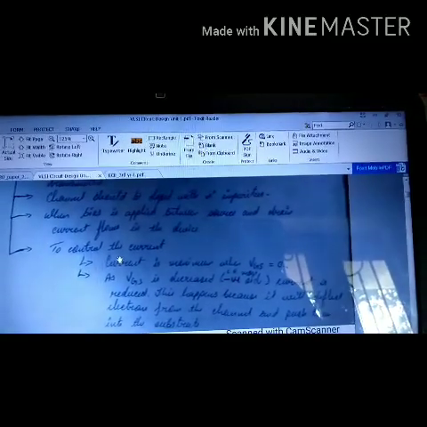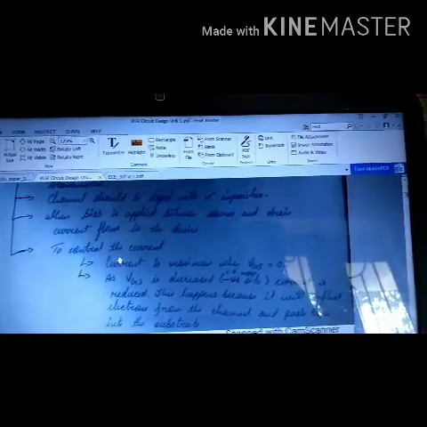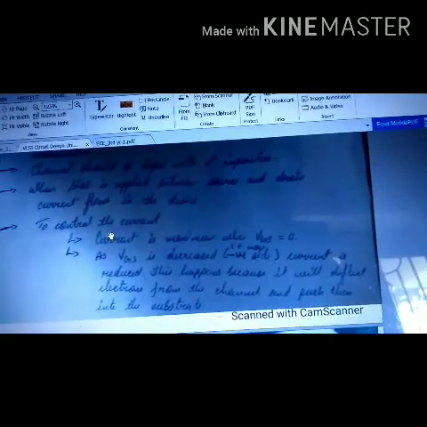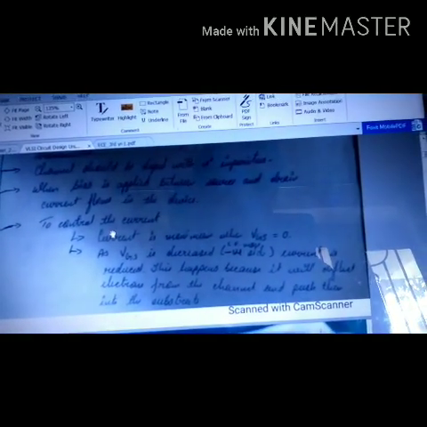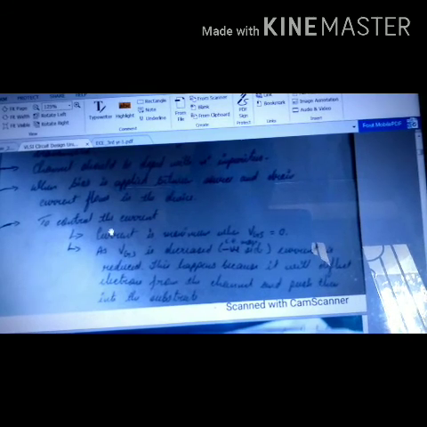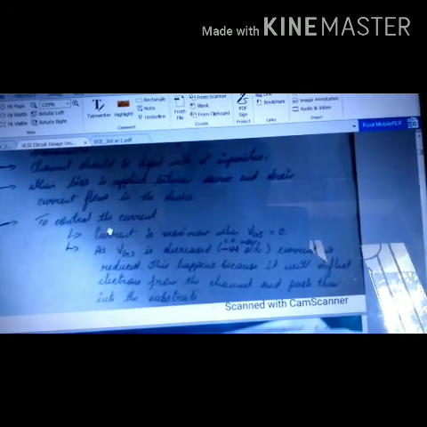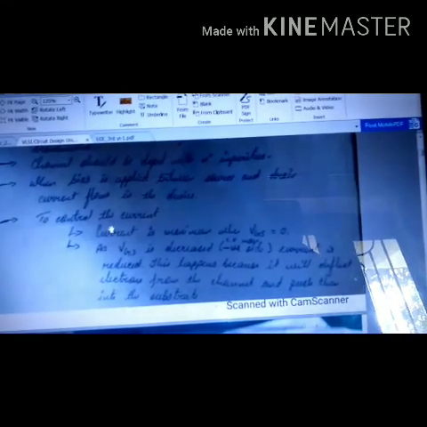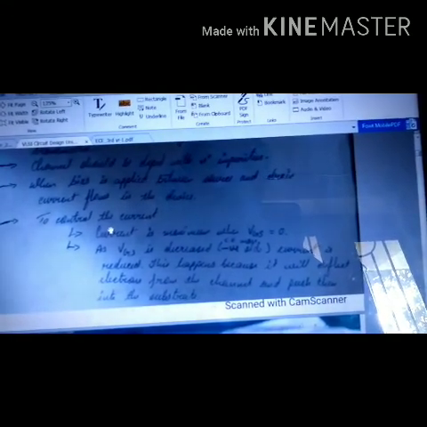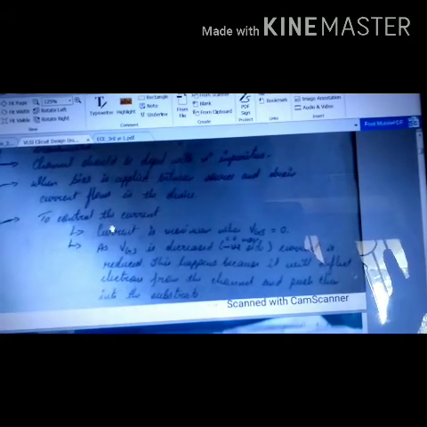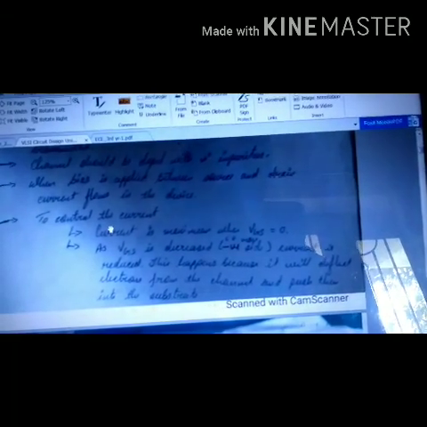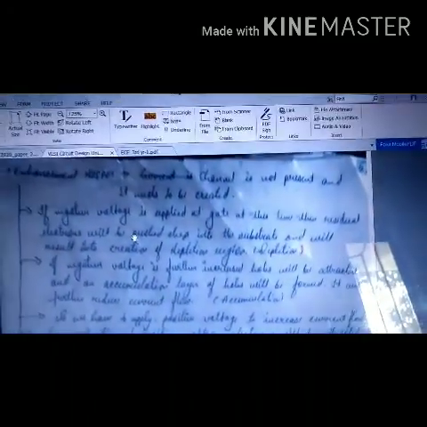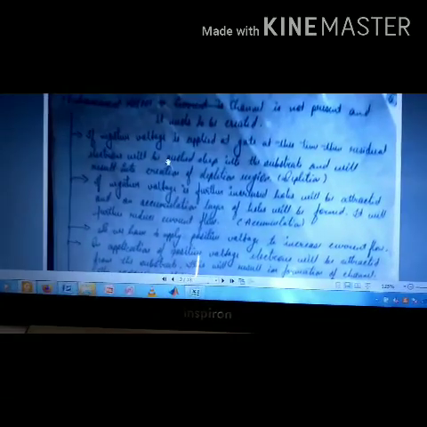As the number of electrons gets reduced in the channel, this will directly reduce the flow of current in the channel, and as a result lower current will flow. So as the gate is made more and more negative, lower and lower current flows in the device.